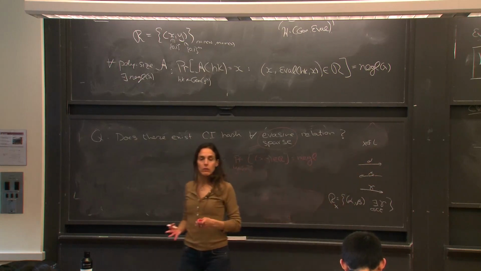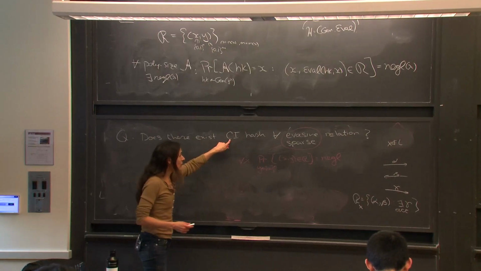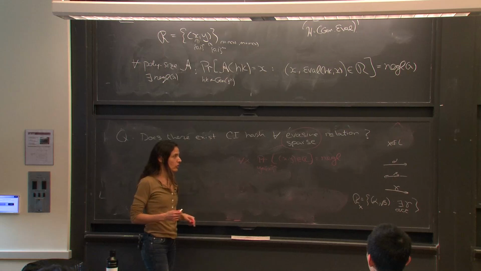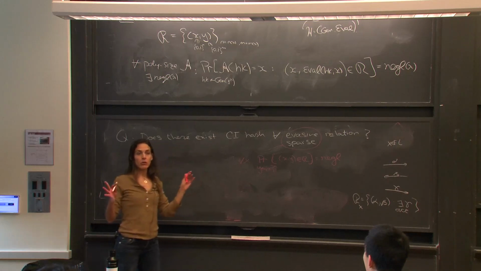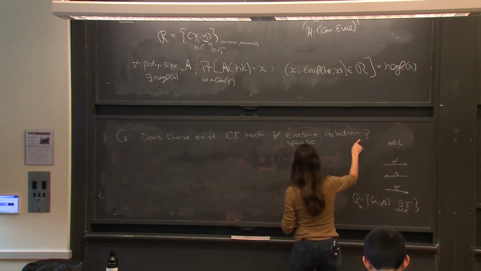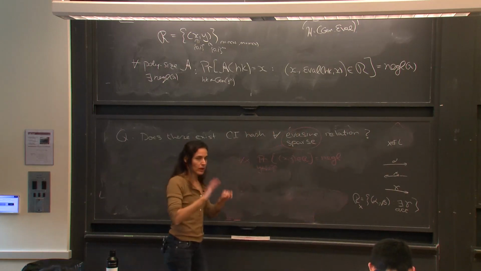I'm done. Proof. So if I have a correlation intractable hash that works for any evasive relation R, then you don't hit it, and I'm done. Fiat-Shamir is sound.